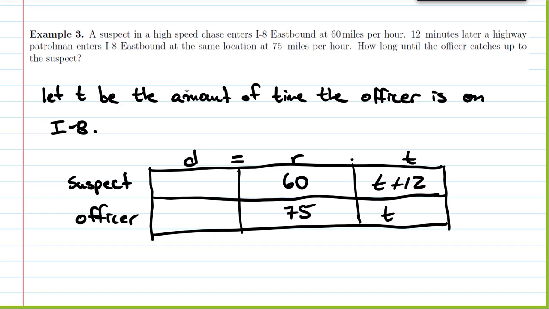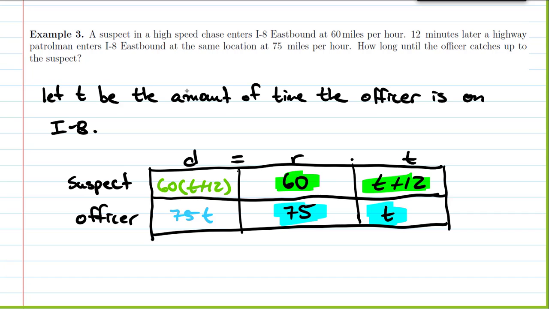So using the same strategy that we did above, we now know that D is equal to R times T, and R times T here would be 60 times T plus 12 for the suspect, and for the officer it's going to be 75 times T, so we get 75T.